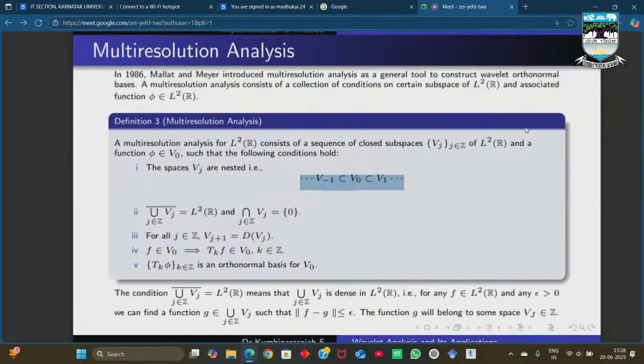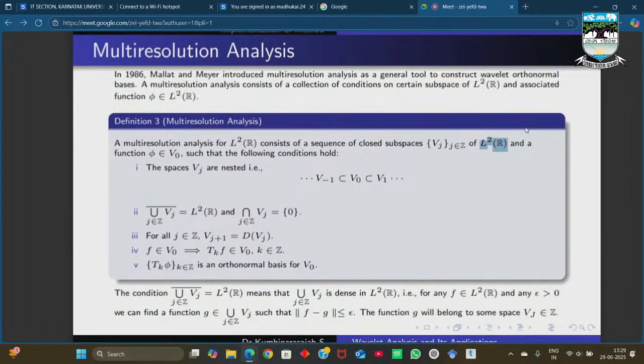V0 is embedded in V1, V1 is embedded in V2. Similarly, V minus 1 is embedded in V0, V minus 2 is embedded in V minus 1, and so on. If you take the union of all these subspaces and take the closure, it must be equal to the whole Hilbert space.